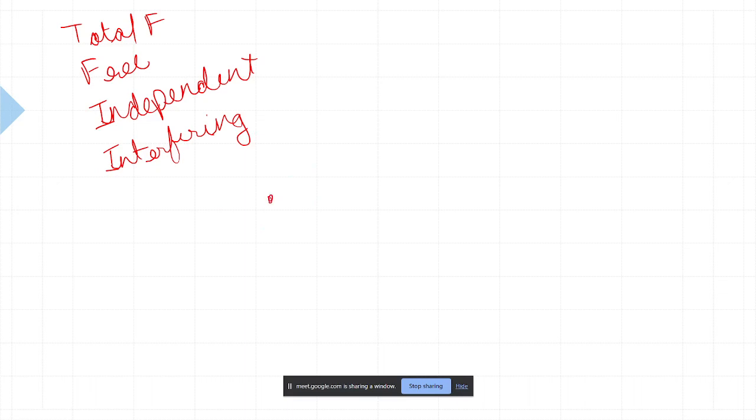So let me make a timeline for you guys. This is the early start of the activity, this is the late start of the activity, this is the early finish, and this is the late finish.